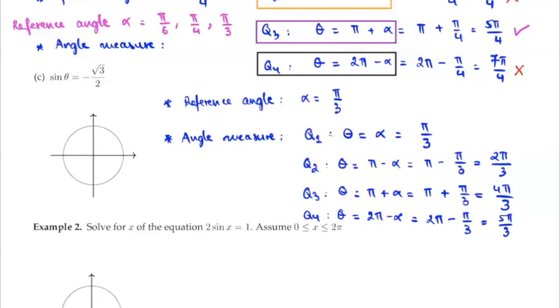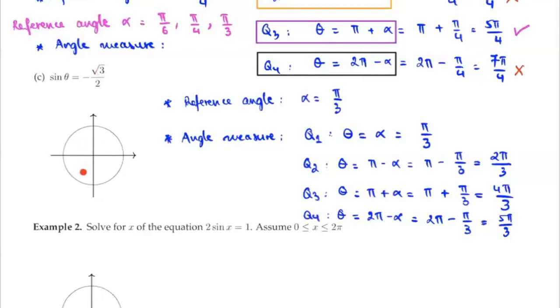So what are the solutions to these equations? Now you look at the equation again. The sine value has to give you a negative number. So sine is negative, and you look at the quadrant. In quadrant 1, sine is positive. In quadrant 2, sine is also positive.